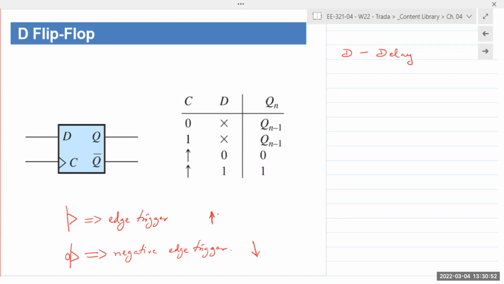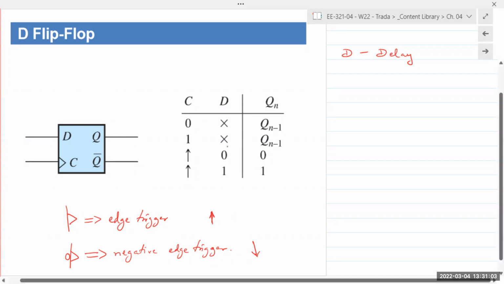Only when the clock signal transitions from 0 to 1 will the output of a delay flip-flop change value. And that changed value will depend on the value of D, which is the data input right here.